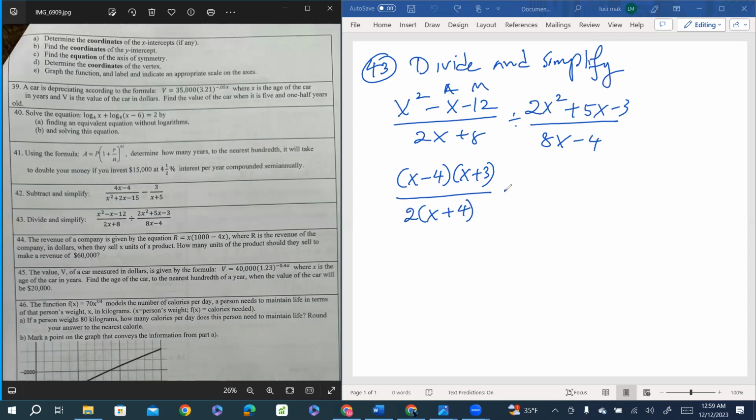Change the division to a multiplication and flip this. So 8 and -4 also have a 4 in common. It's going to be 2x minus 1. Divided by, here you've got to do the AC method. You could also do guess and check. A times C, which is 2 times -3, is -6. And we need to add to +5. So multiply to -6 and add to 5, it has to be +6 and -1 because 6 minus 1 is 5.